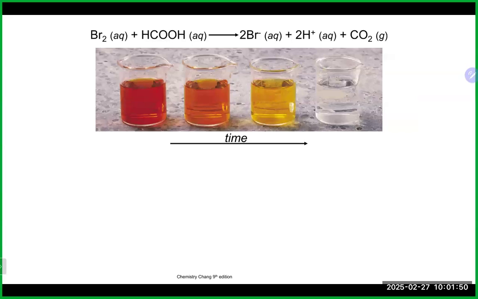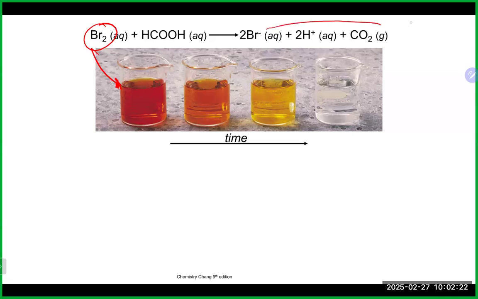Now, how can you follow the change in concentration of a reactant or even a product? So for example, if you have something that has a color associated with it in a reaction, like here, this is Br2 plus a little formic acid. And this Br2 is actually that orangey color there, or reddish color. And when we start the reaction, as you can obviously see, we have a lot of reactants present as indicated by the color.